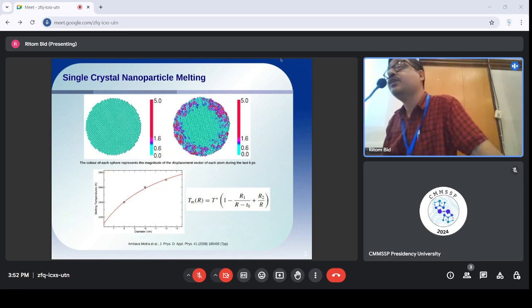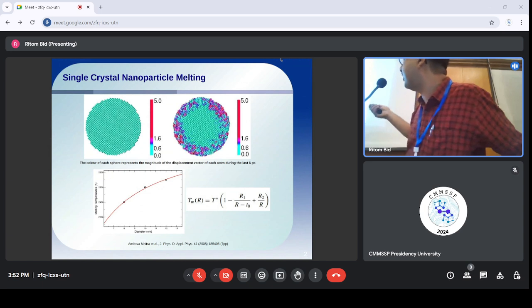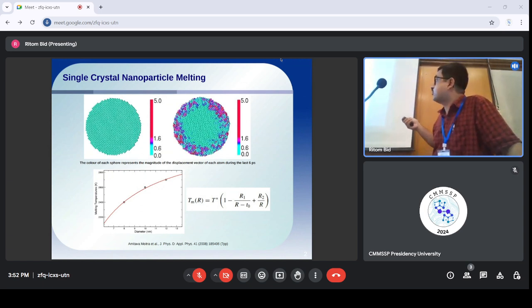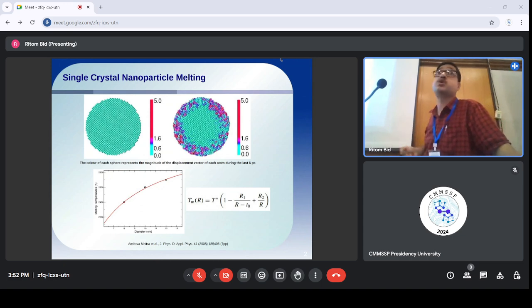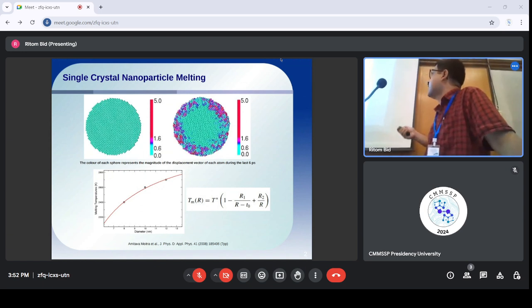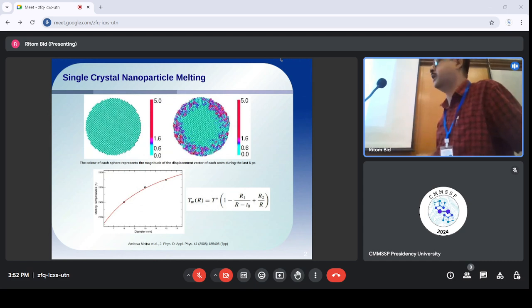The interesting fact is that before these nanoparticles actually melt, the surface atoms get pre-molten, and that's known as the pre-melting phenomenon. The displacement vectors of these atoms are shown over here.